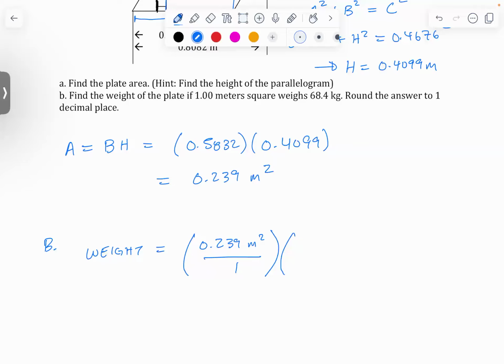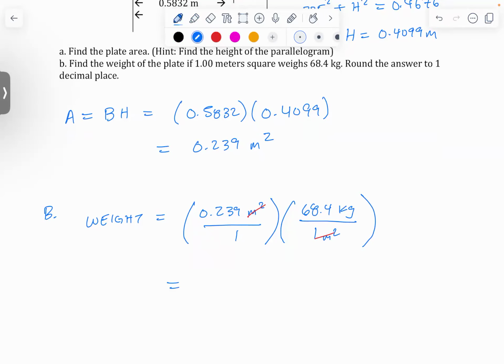And then I have a conversion. 68.4 kilograms equals 1 meter squared. Notice once again, we can use it to cancel our units, and then it is simply multiplying our values together to get our conversion.